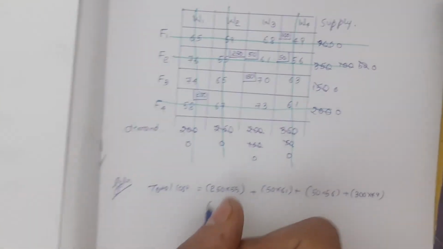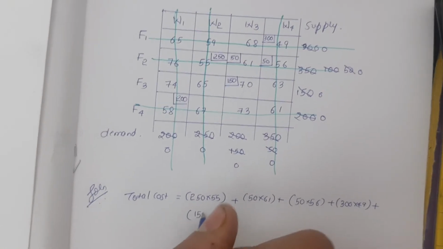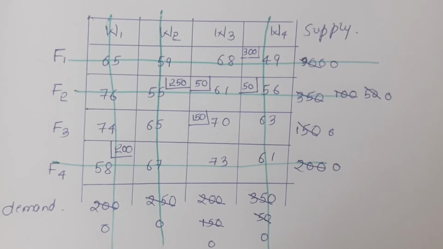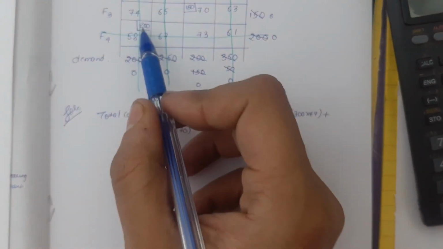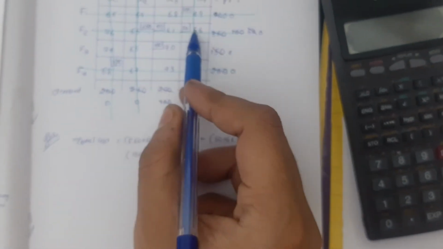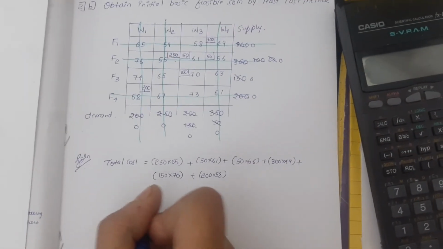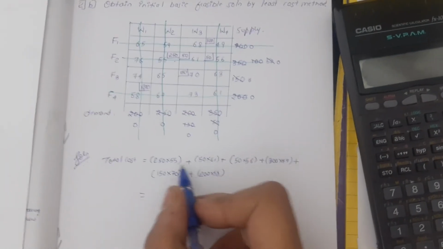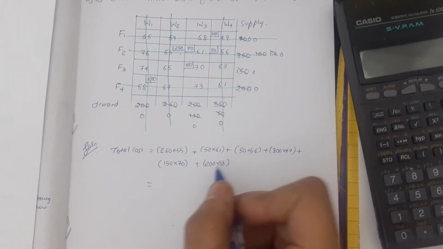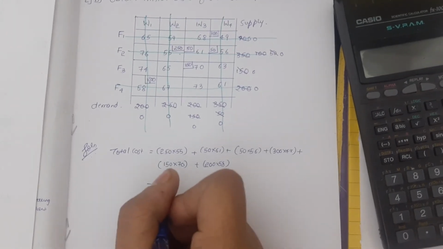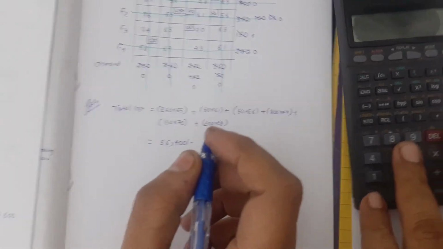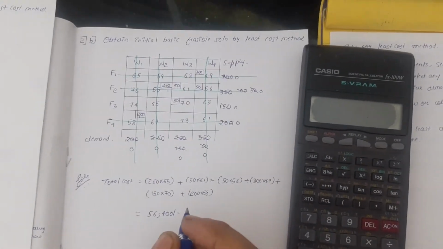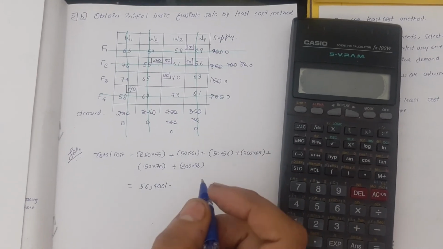Next we have plus 150 into 70 plus 200 into 58. So we have 1, 2, 3, 4, 5, 6 allocations. When we calculate all these multiplications, we get a total sum of 56,400. So this is one of the simplest ways to get the basic feasible solution by least cost method.